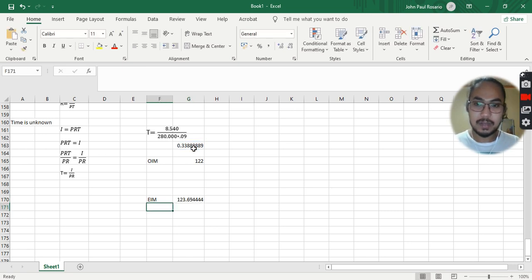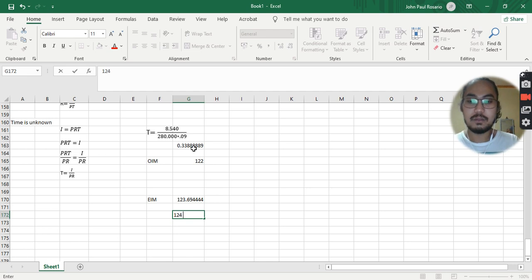So the number of days would be 123.69. There is no fractional day, so what we do is round up. When the number of days is involved, we round up, we don't round off. So this means 124 days.